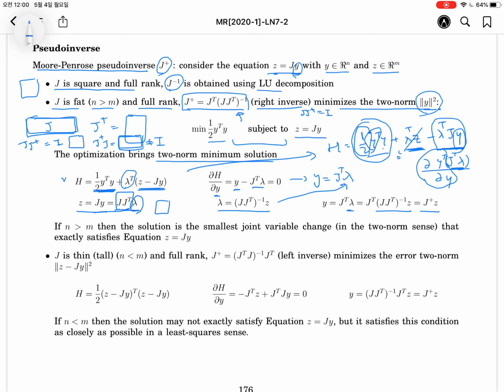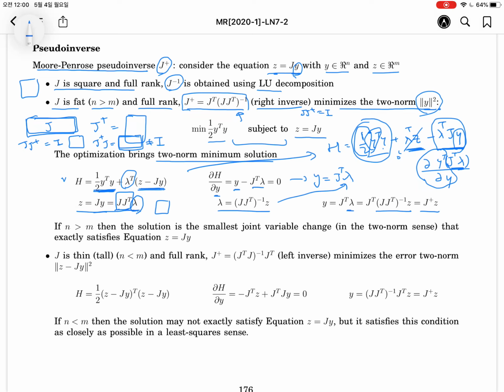For a J that is long in the horizontal direction, the inverse will be tall, long in the vertical direction.